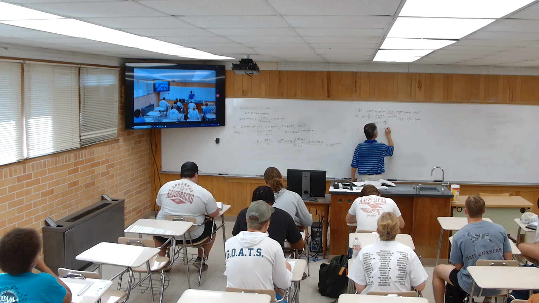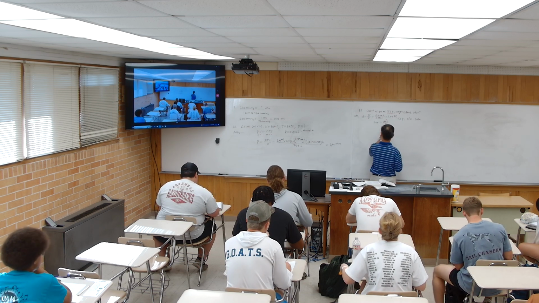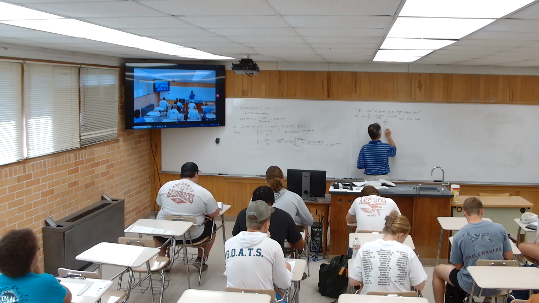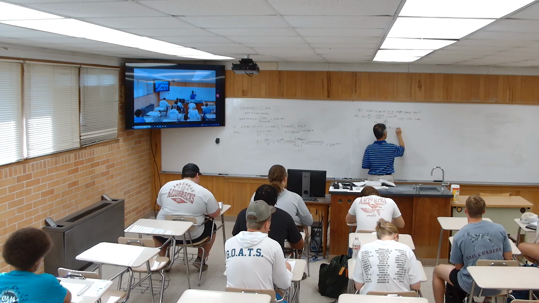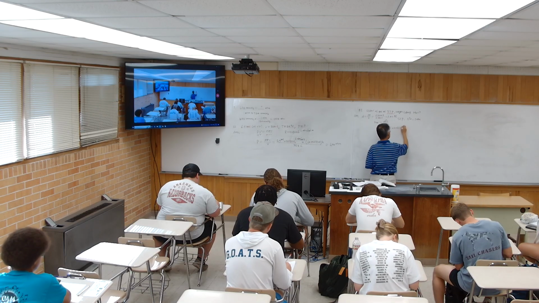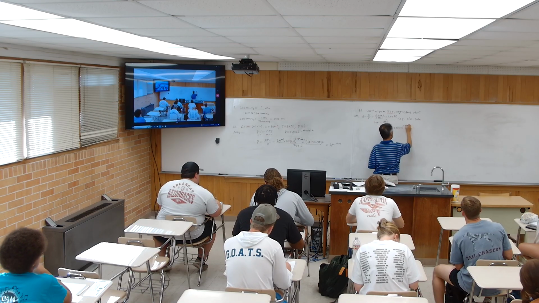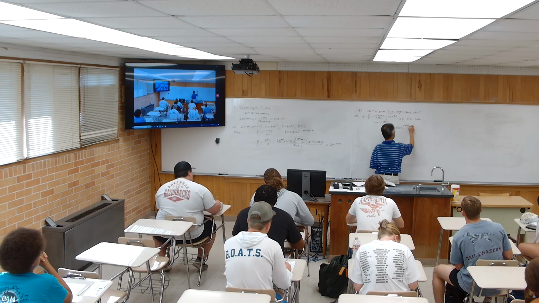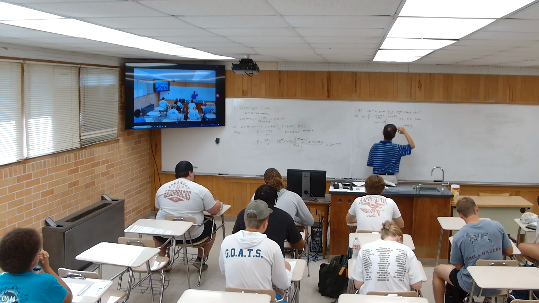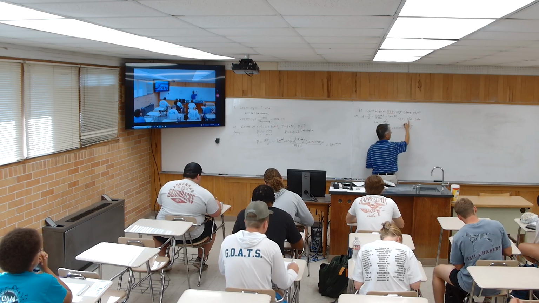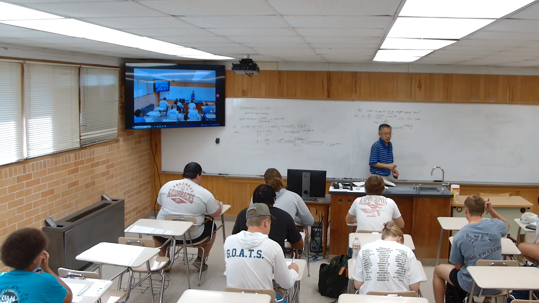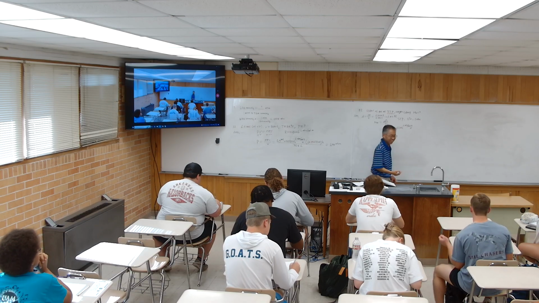D is 1.43 gram per liter, R is 0.08206 liter atm per mole per K. And T, be careful, you cannot use zero. If you use zero, then everything is zero, right?